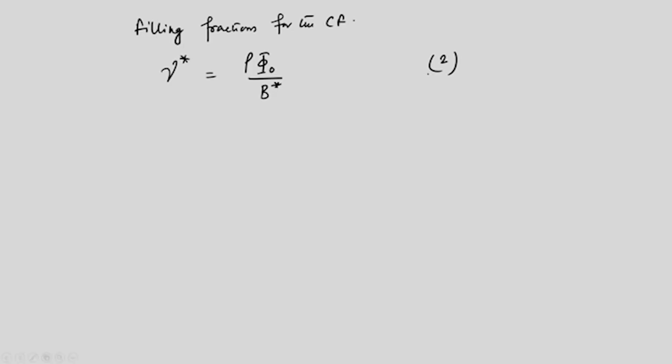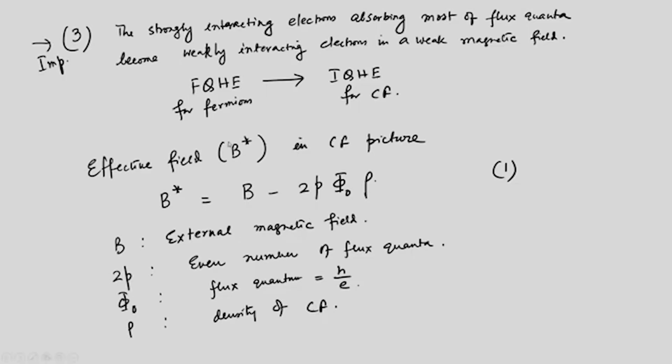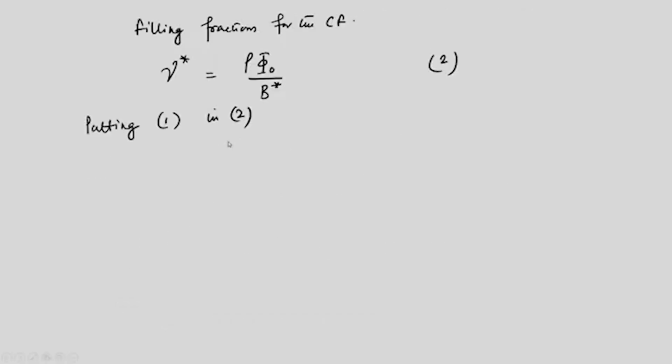That is the definition of filling fraction, which is rho, the density of the composite fermions, multiplied by phi 0 divided by B star. So, putting 1 in 2, what I mean is put this B star, B minus 2p phi 0 rho, in 2, one gets nu star equal to rho phi 0 divided by B minus 2p phi 0 rho.